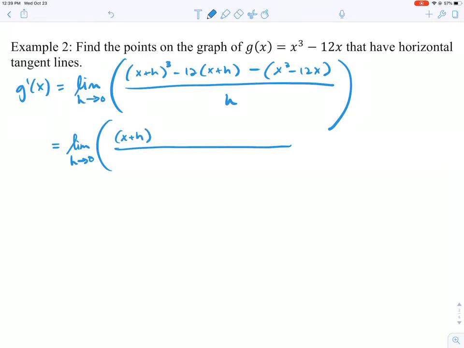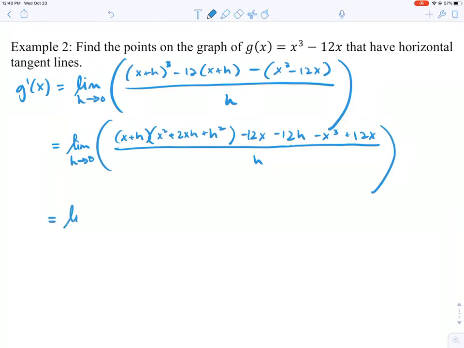But remember, x plus h cubed is x plus h times x plus h times x plus h, which is also x plus h times x plus h squared. So if I multiply out x plus h times x plus h, I know I'll get x squared plus 2xh plus h squared. And then when I distribute that negative 12, I'll get minus 12x minus 12h. And distribute the negative, that'll be minus x cubed plus 12x, all over h.